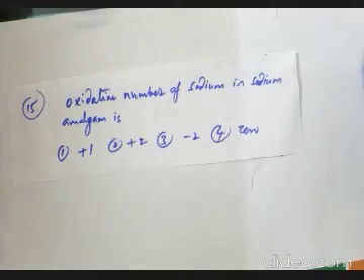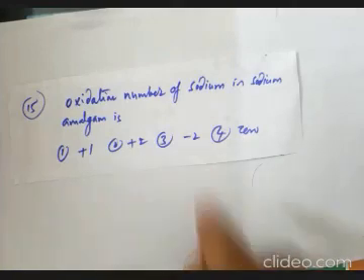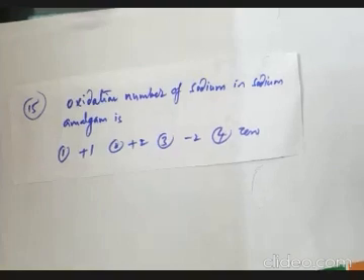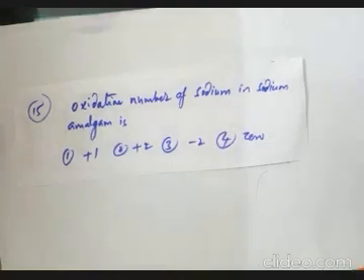In amalgams, there is no transfer of electrons. In amalgams, whatever element the question asks, both elements' oxidation number is 0. Here, oxidation number of sodium in sodium amalgam is 0. Even mercury also 0.